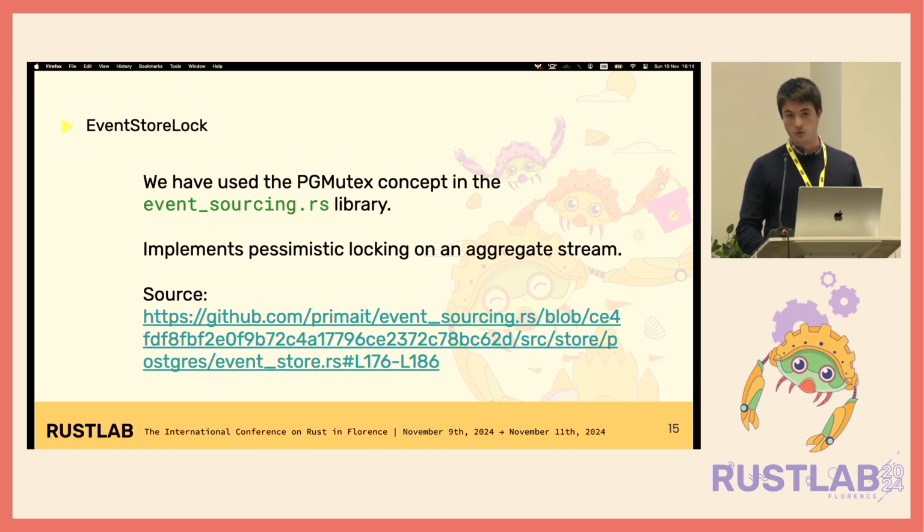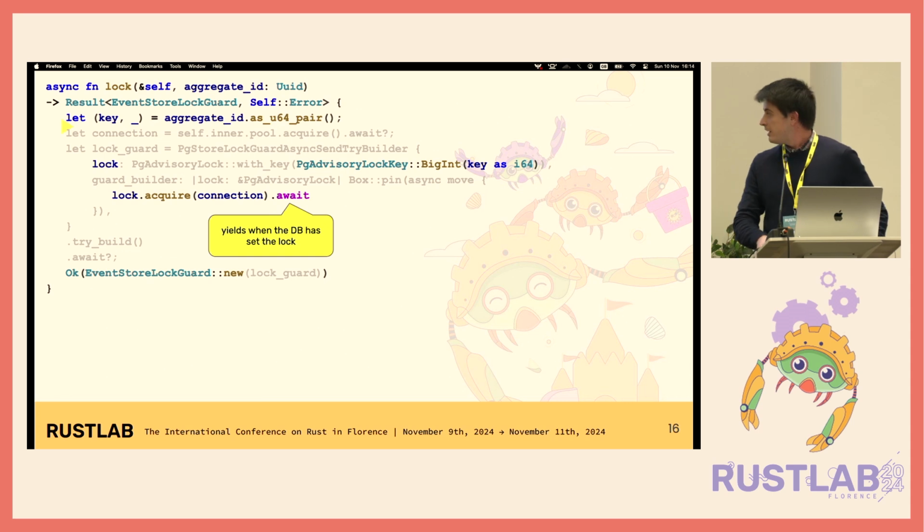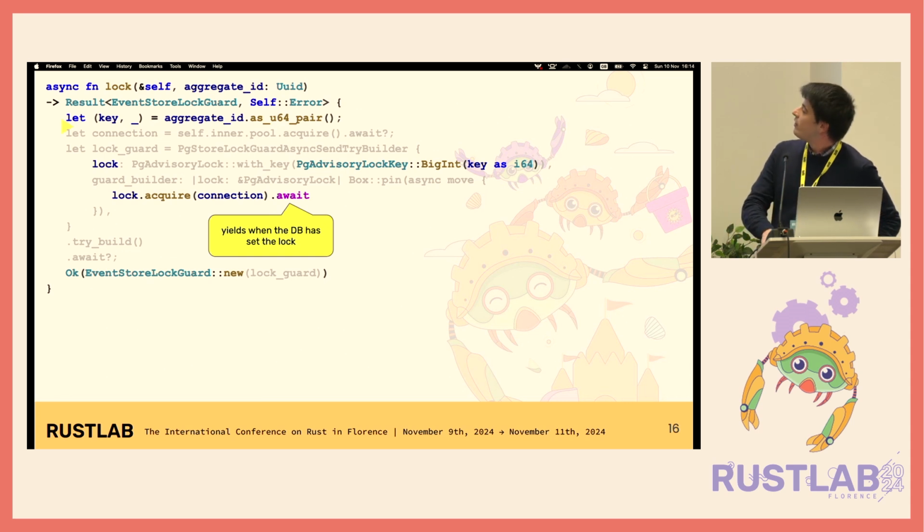What we do is essentially implement pessimistic locking when we have an aggregate stream, so that you know that you have access to the aggregate, you're going to apply a command and write the events, and no one else is. Here I've commented out most of the code, but I just wanted to showcase that it's not super complex, but it's not super simple either.